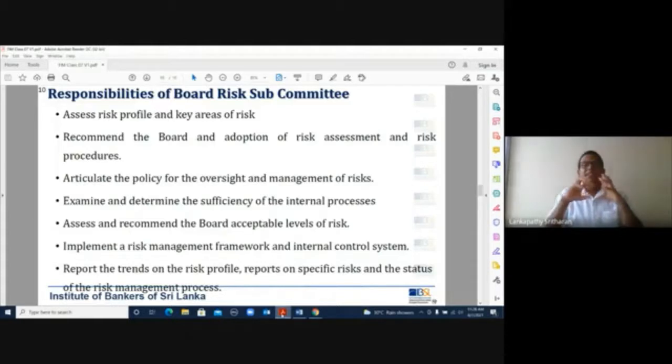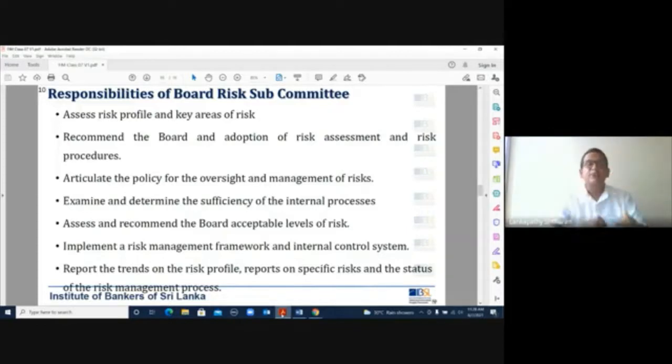These people will formulate the risk management policies, and they will assess and review the risk related to the particular function or functions of the bank or financial institution. That is the committee's function.